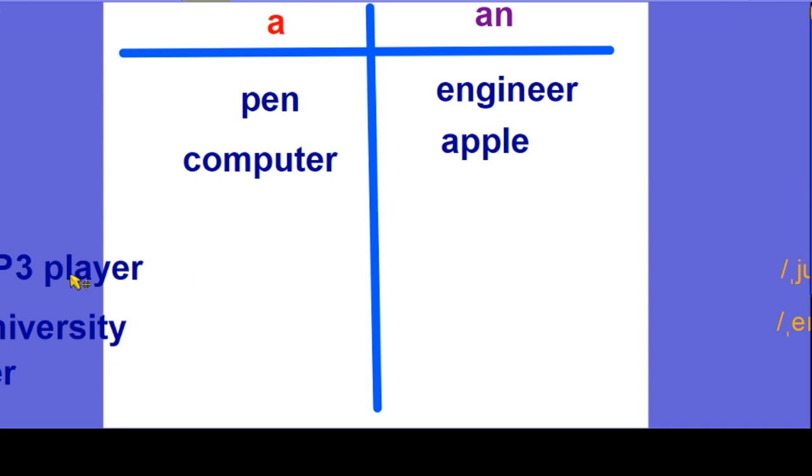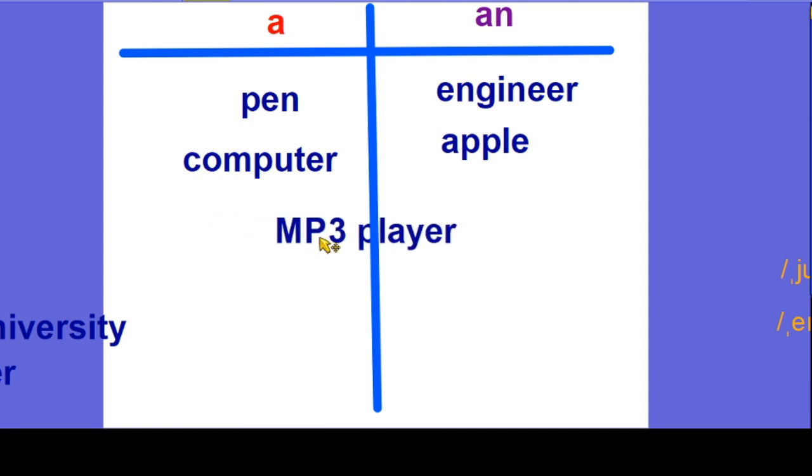Take a look. If you have this word here, MP3 player, should I say a MP3 player or an MP3 player? Students who confuse sounds and letters will say we should say a MP3 player because the first letter is a consonant, but we should think of sounds.